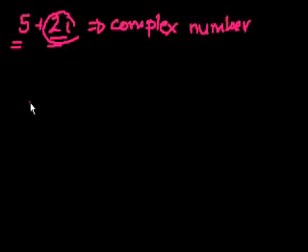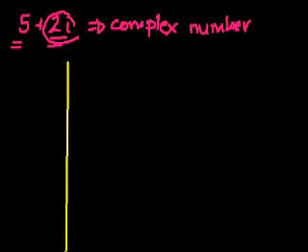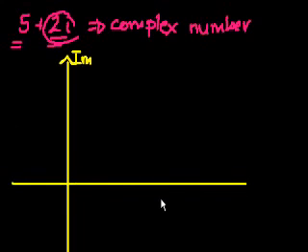And you could, if you want, even graph a complex number. You could make the vertical axis, you could call it the imaginary axis, and you could make the horizontal axis the real axis. This is a symbol for the set of real numbers.